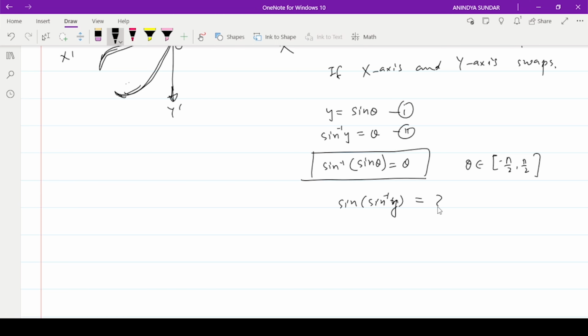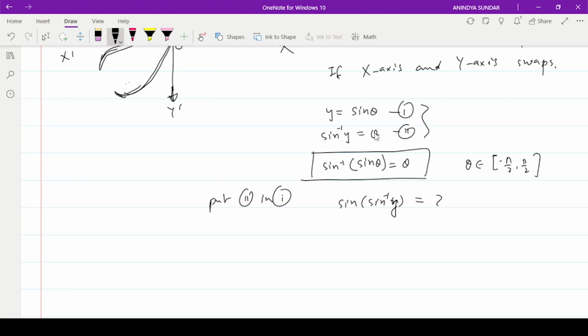In a similar fashion, this time again I will use equations 1 and 2, but this time I will put 2 in 1.